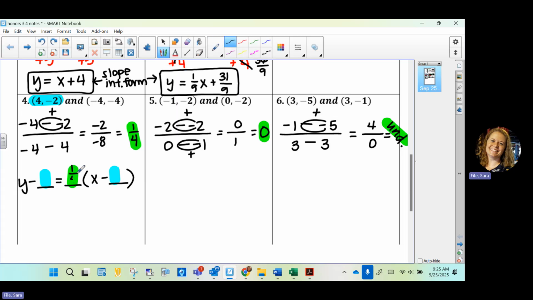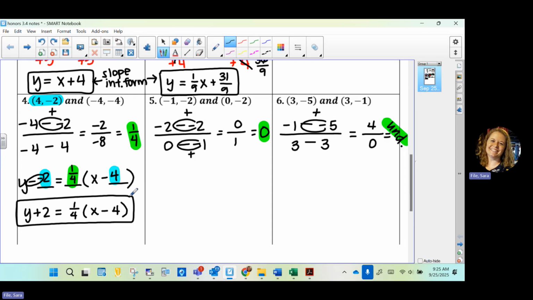So my slope was 1/4. And then my x is 4 and my y is -2. Now, I'm not just going to box that in because there is some simplifying I could do. Right here, I want to change that to a plus. So this would be y plus 2 equals 1/4 times x minus 4. And that is point slope form, so I can stop there.